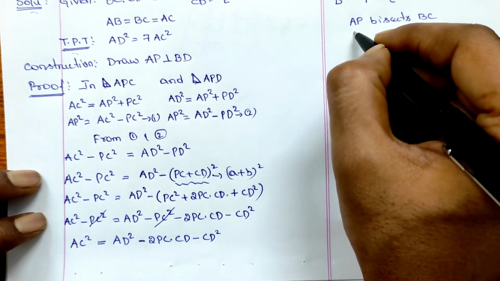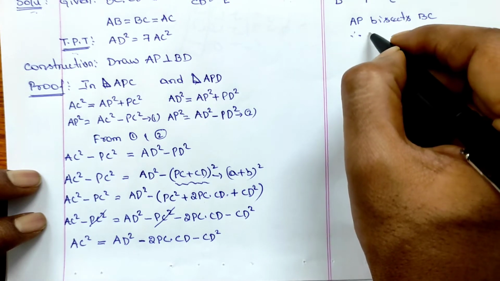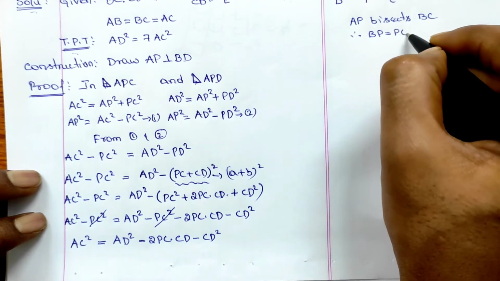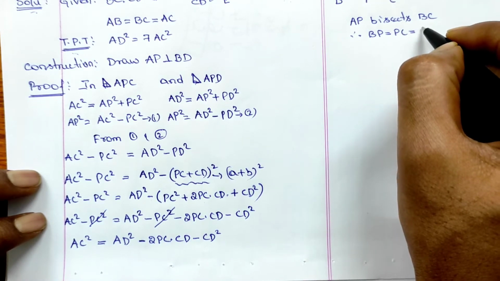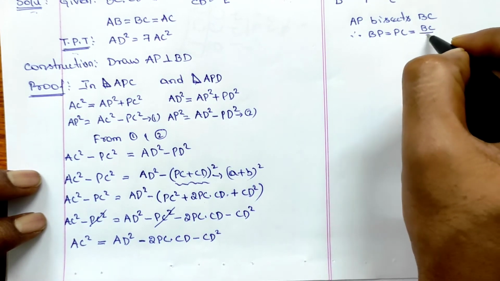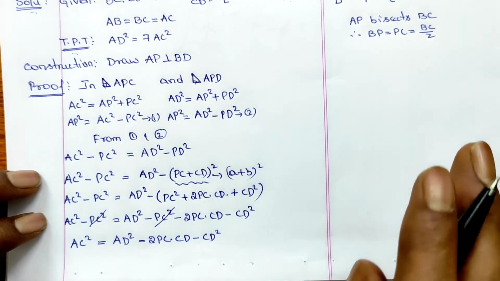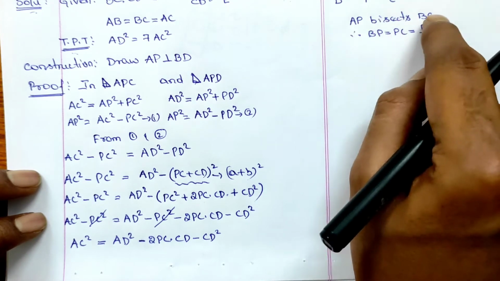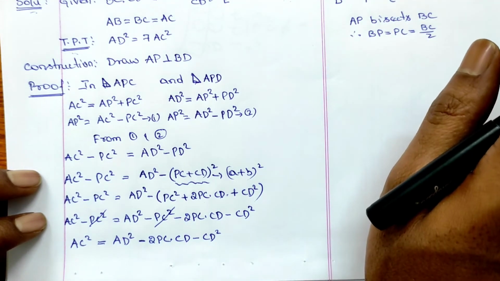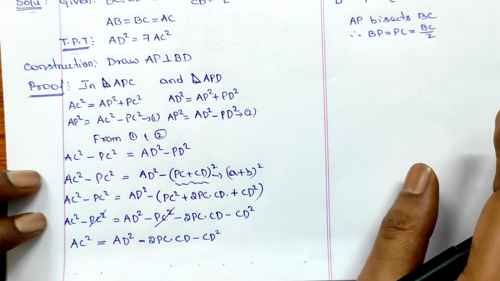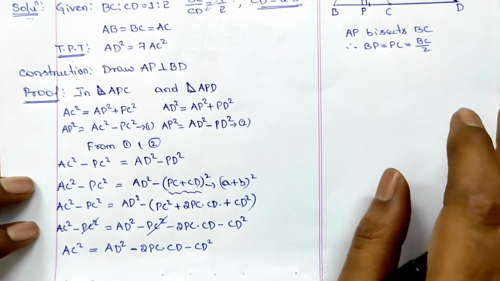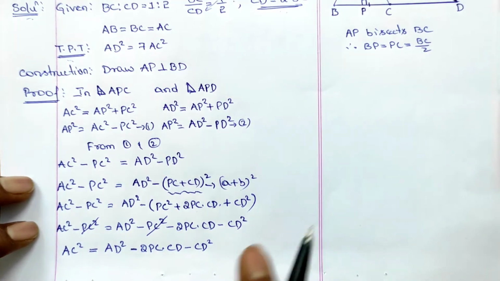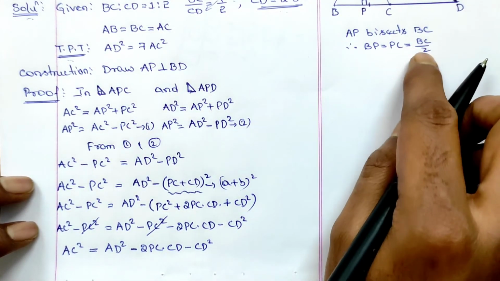Therefore BP is equal to PC is equal to half of BC, that is BC by 2. That is the nature of the altitude in an equilateral triangle and also in an isosceles triangle. Our triangle ABC is equilateral, so we can express PC as BC by 2.